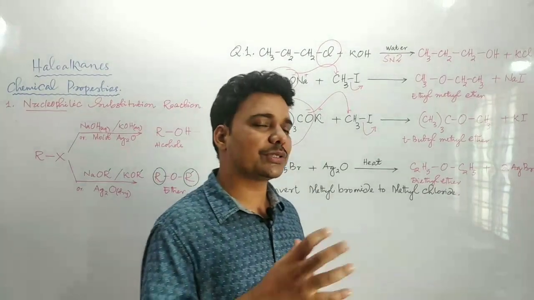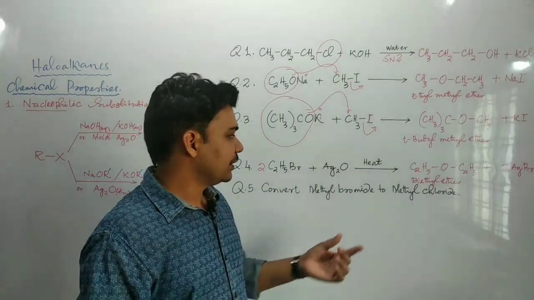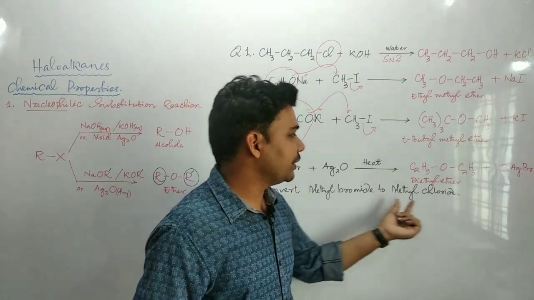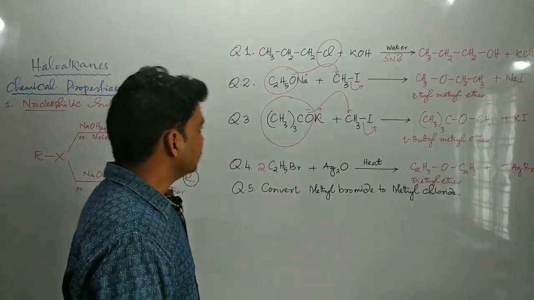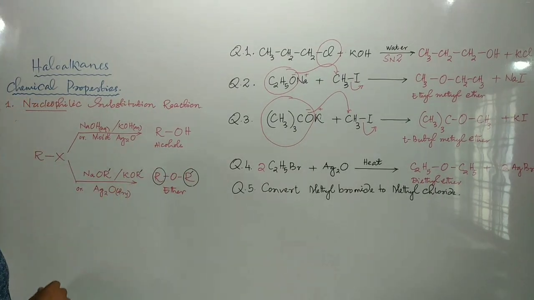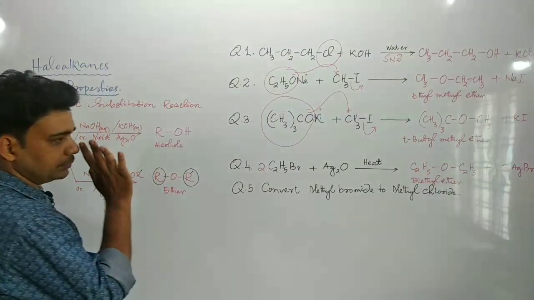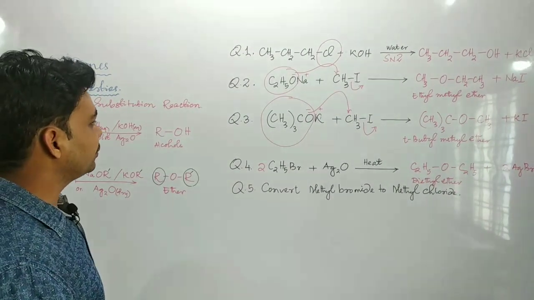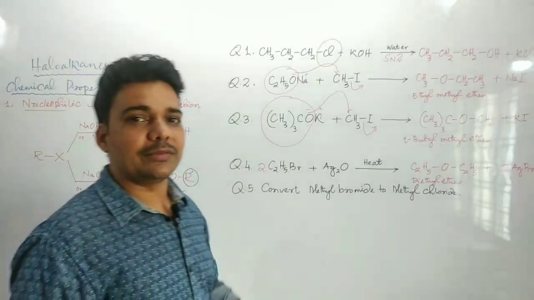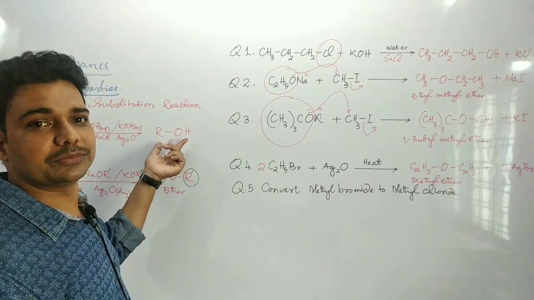So we need to use some indirect process in order to convert this bromide into chloride. From the chemical reactions, what have we done? One alkyl halide can be converted into alcohol. And from the methods of preparation, we have prepared various alkyl halides from alcohol.